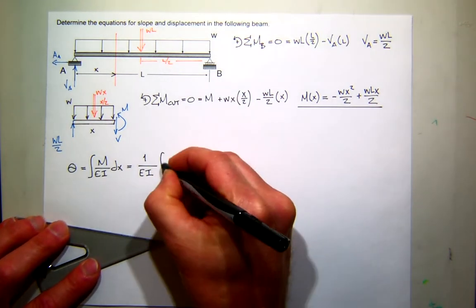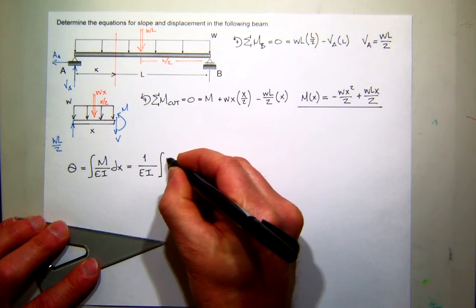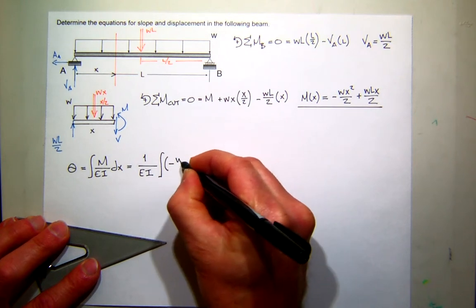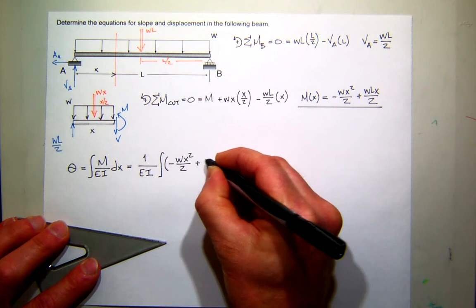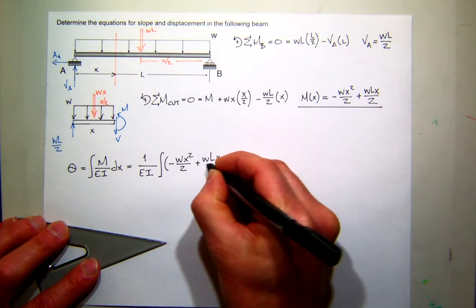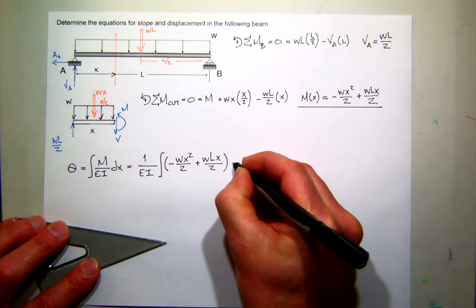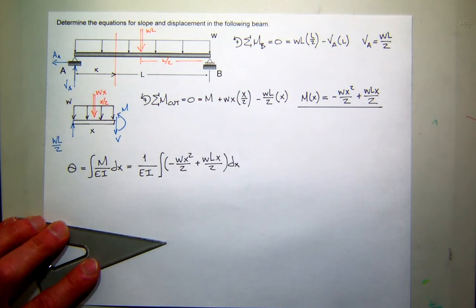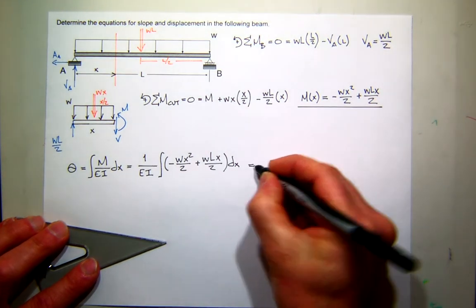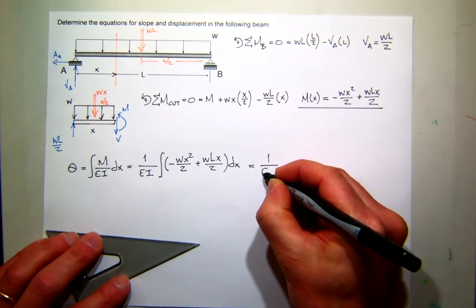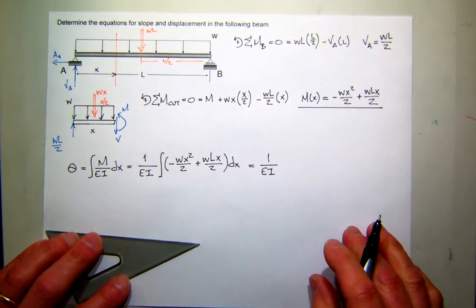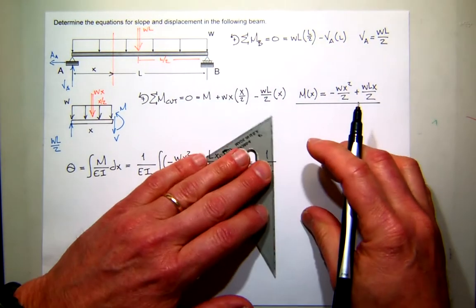And then I'm looking at the integral of this equation, which is minus WX squared over 2 plus WLX over 2. So let's do that integration. Again, I'll leave my 1 over EI out.